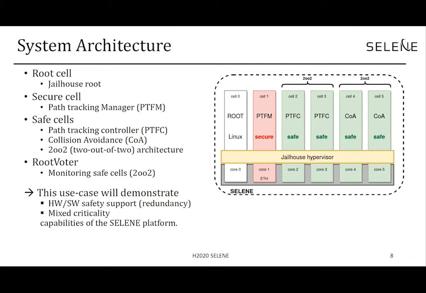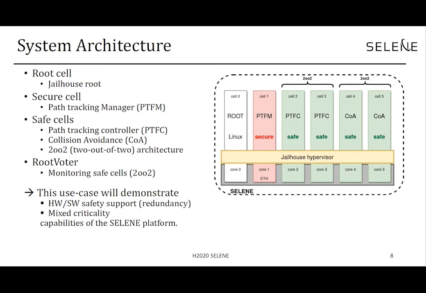We need a root cell. Then we need a secured cell for the path tracking manager function, since this has open ports to the operator. And then we will have a 2 out of 2 architecture for the safe cells, one for the path tracking controller and one for the collision avoidance.